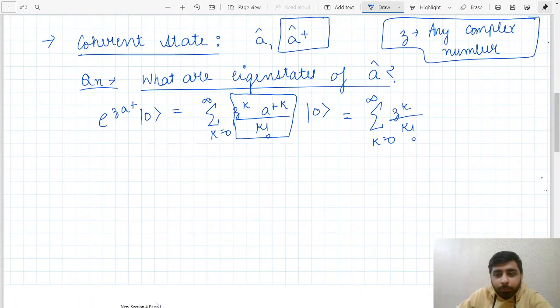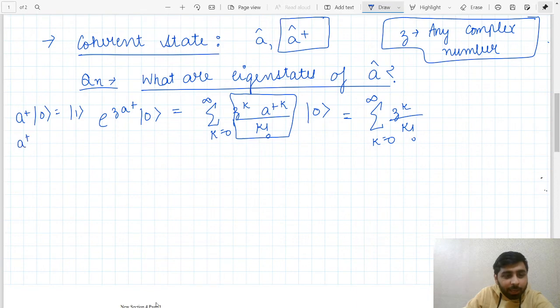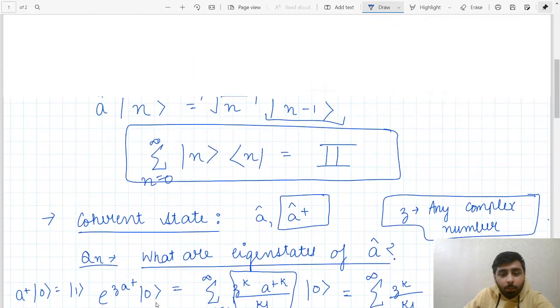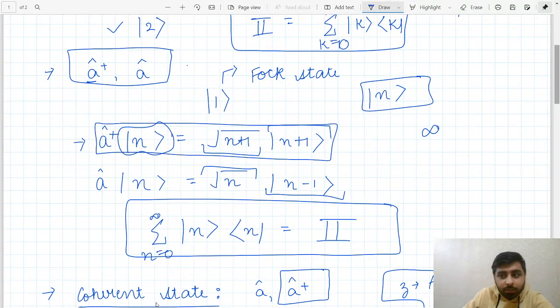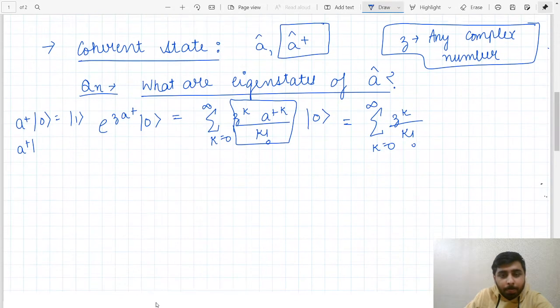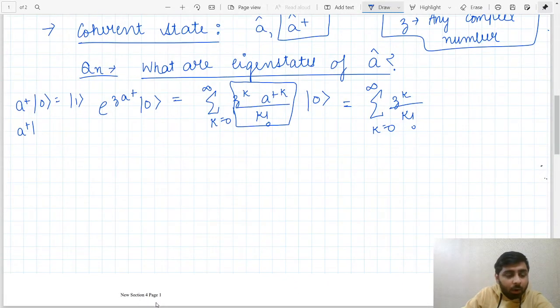Okay, so now if we apply a dagger to 0, we get 1. I should probably scroll up to the formula for how this acts on a ket Fock state. A dagger on 1 acts like square root of 2 times the state 2.